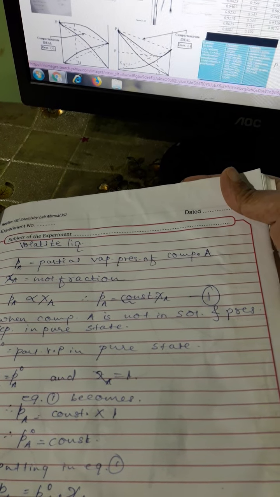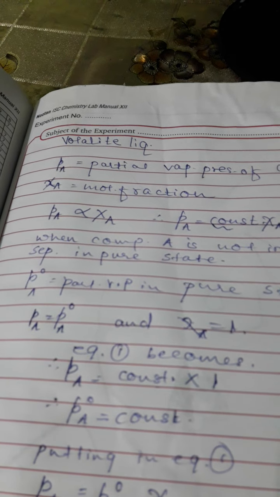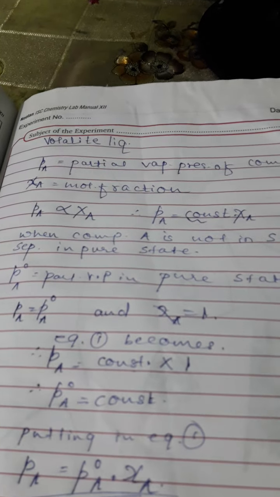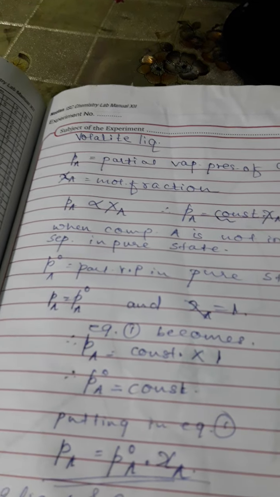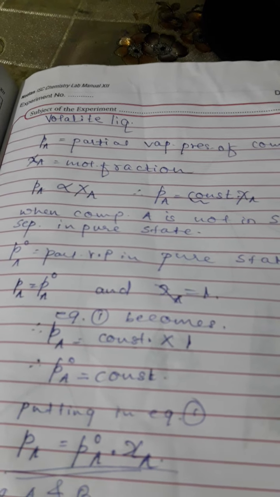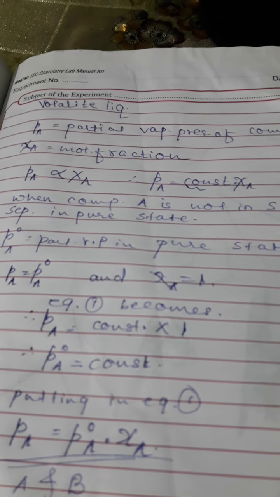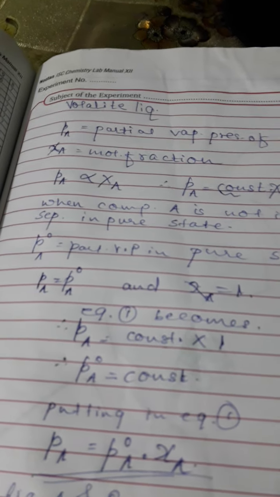When component A is not in the solution and is present separately in the pure state, its partial vapor pressure is considered as P°_A. So P°_A is nothing but the partial vapor pressure in the pure state. Now over here, if 100% purity is there for component A in the solution, χ_A will be equal to 1.